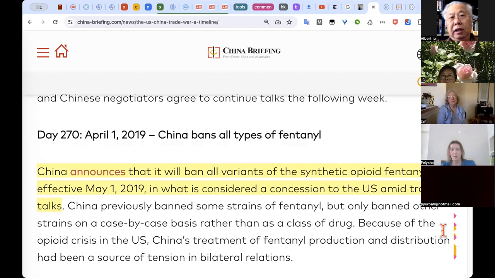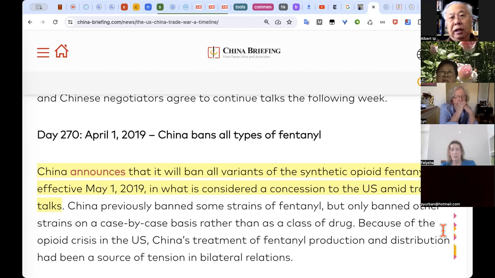And then this is an important part. As I said, the United States wasn't able to fund its government, so it put available money into domestic problems. One of the domestic problems is, of course, drugs. Fentanyl is a synthetic drug.